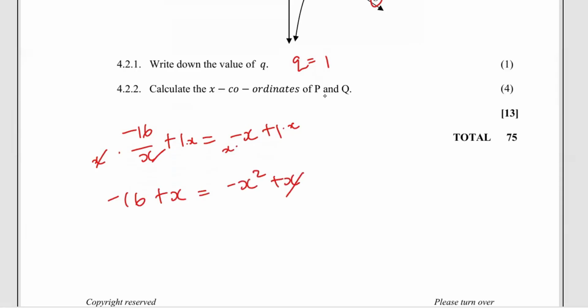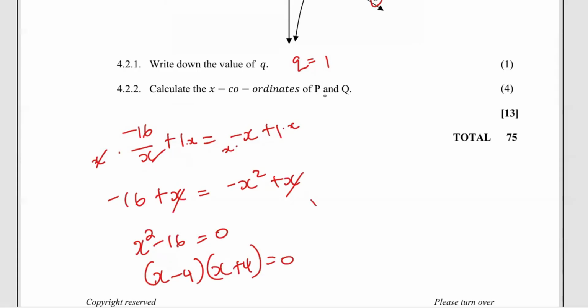So this is going to cancel that. Move this one that side, meaning that x squared minus 16 is equal to 0. So let's factor this. It's a difference of two squares, (x minus 4)(x plus 4). So meaning that one x should be -4 or the other x must be +4. Now we also need to get the y coordinates, or they say calculate the x coordinates. Okay, so that's all they needed, -4 and +4.